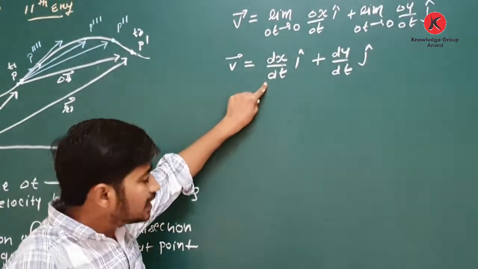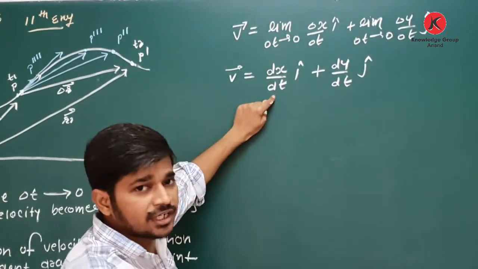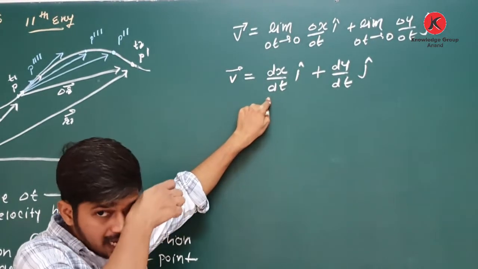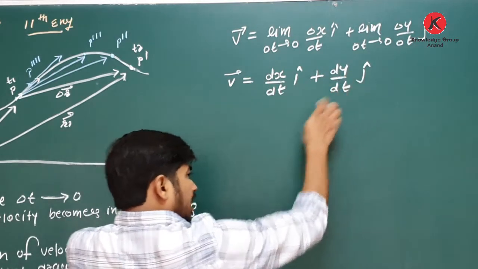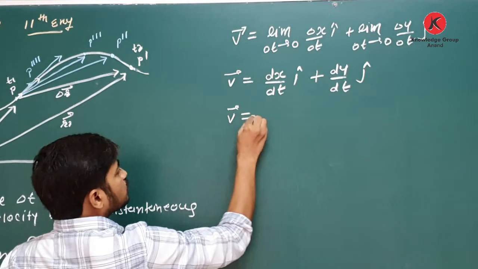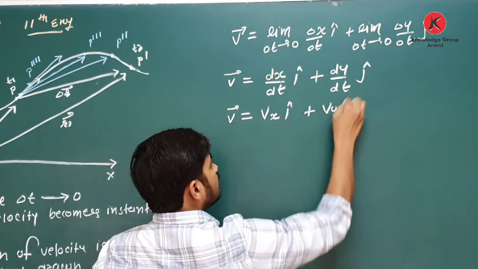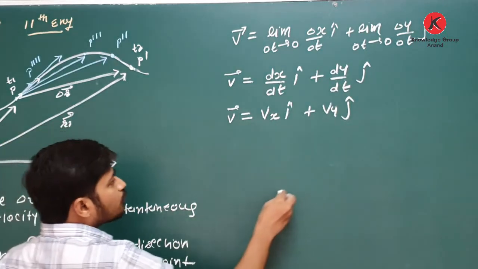Now what is this term? See, it is dx upon dt, change in x coordinate upon time, and it is change in y coordinate upon time. Then how to write this? I can write this as V is equal to Vx i plus Vy j, where what is Vx?